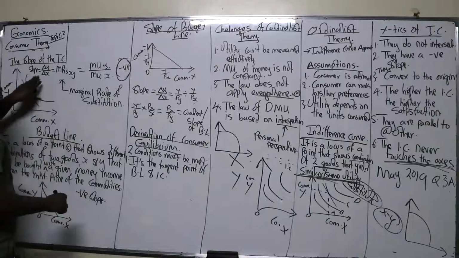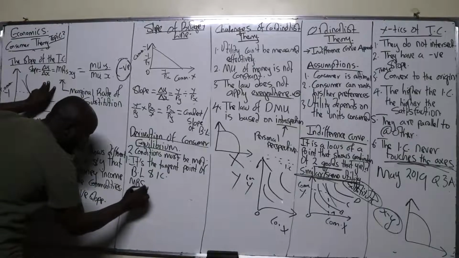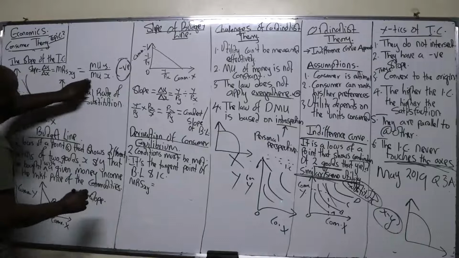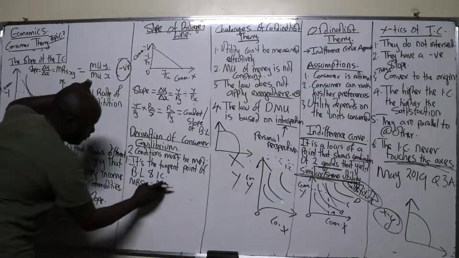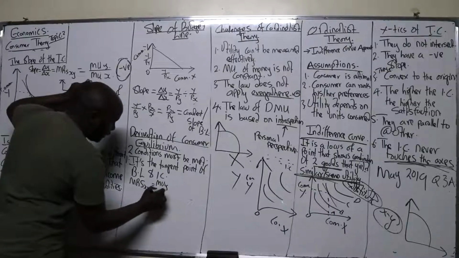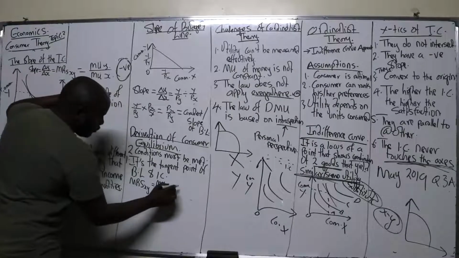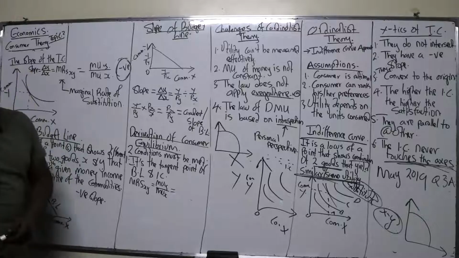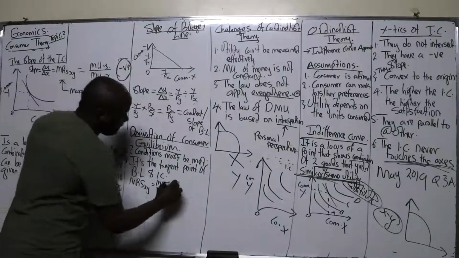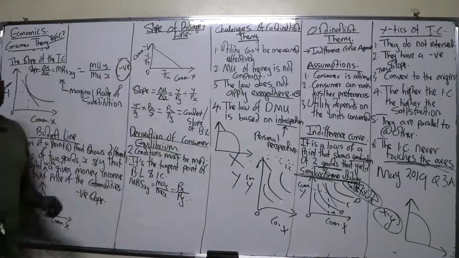Meaning it's a situation whereby MRS of X and Y is equal to marginal utility of Y divided by the marginal utility of X, which is equal to PX divided by PY. That's the condition number one.